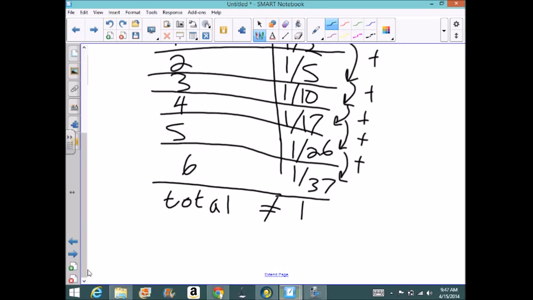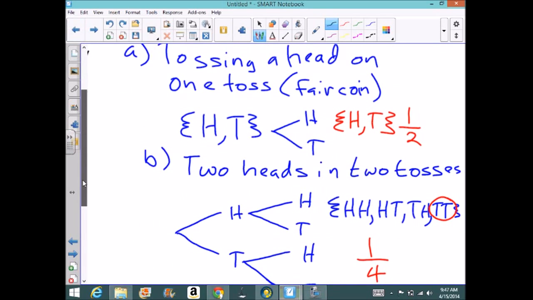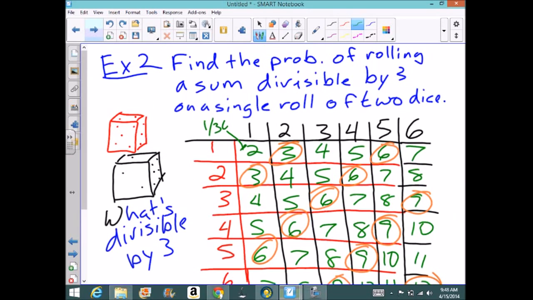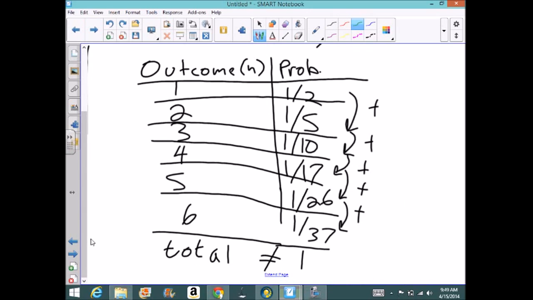Well, if we go back and look at every example we've done up until this point, we'll see that all of the sums should equal 1. So in our first example, the probability of me getting a head on the toss of a fair coin, I have a 1/2 chance of getting heads, 1/2 of tails. When I do 2 tosses, I have 1/4 plus 1/4 plus 1/4 plus 1/4. With the dice, I have 1 out of 36, but that's 36 possibilities.